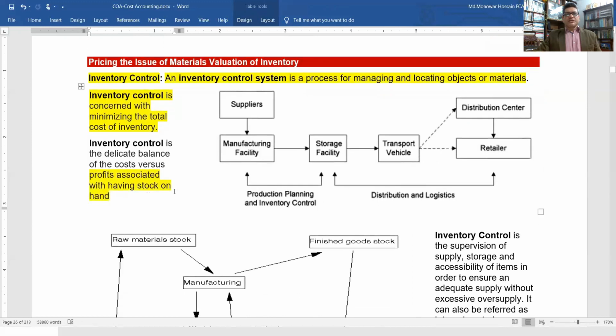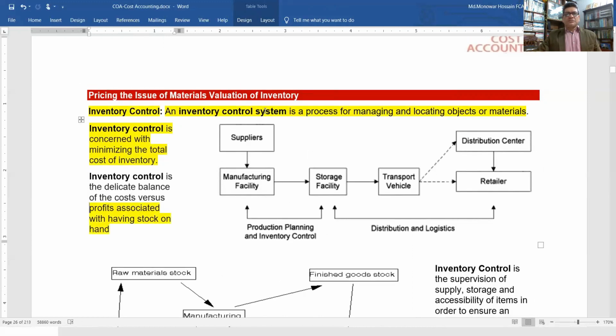Okay, so here, from the supplier, the manufacturing facility receives the goods and stores them in the facility, with production planning and inventory control based on that, and then transport vehicles, a distribution center, and retailers, distribution and logistics.